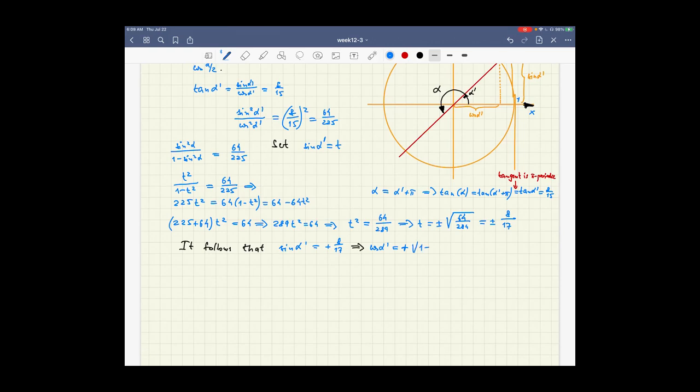Square root of 1 minus sine squared alpha prime. That is square root of 1 minus 8/17 squared. After some algebra, we get 1 minus 64 over 289.